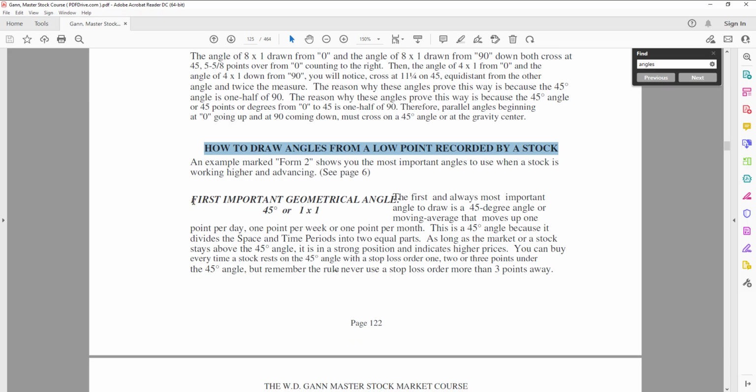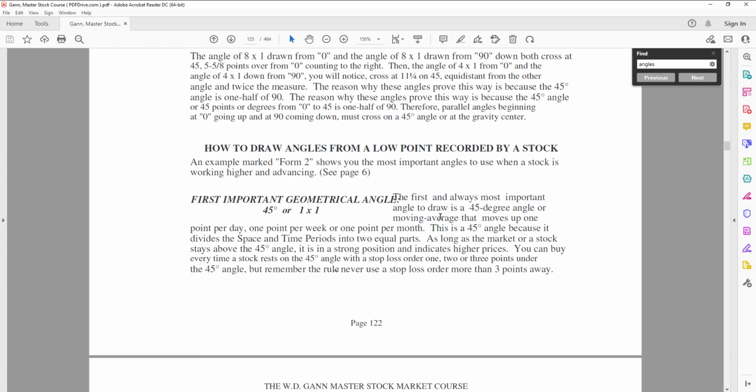So the first and the important geometrical angle, 45 degrees or 1/1 angle. Let's read what it says. The first and always most important angle to draw is a 45-degree angle or moving average. So W.D. Gann means that a 45-degree angle is like a moving average.